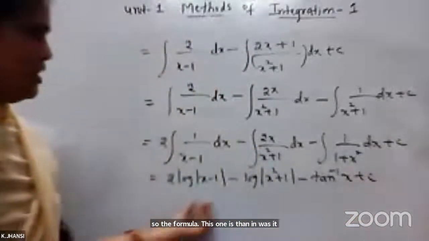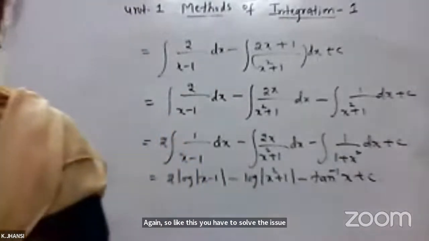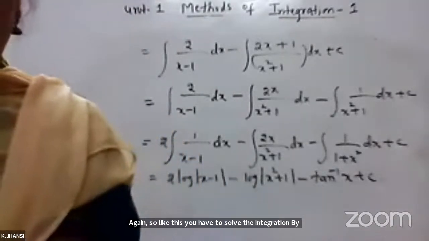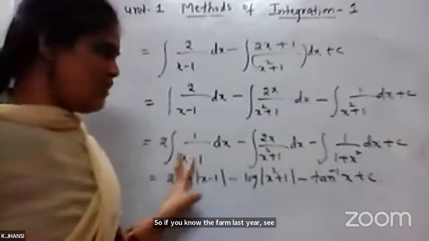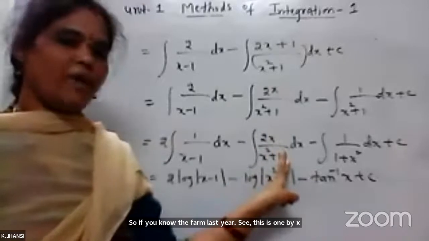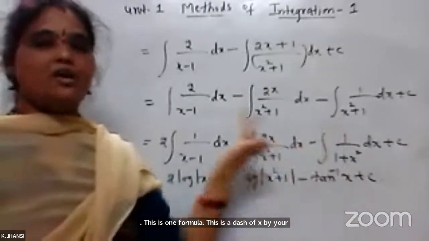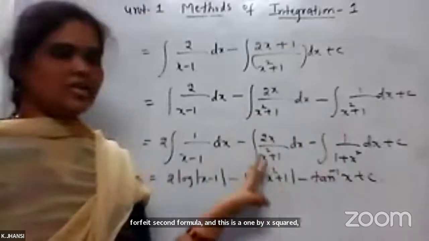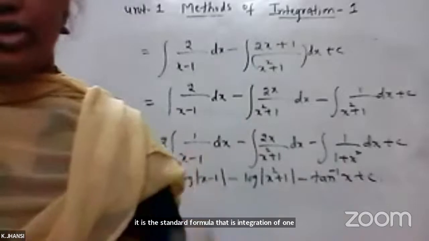Okay. So like this, you have to solve the integration by partial fractions method. So if you know the formulas here, see, this is 1 by x. This is one formula. This is f dash of x by f of x, second formula. And this is a 1 by 1 plus x square. It is the standard formula. That is integration of 1 by 1 plus x square is always tan inverse x only.